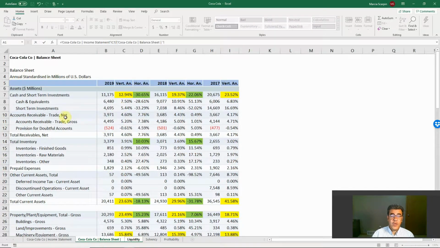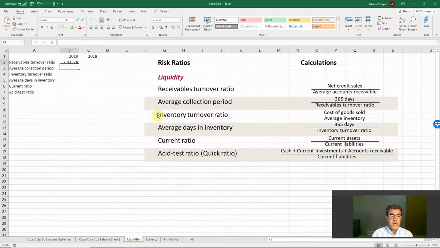We always work with the net numbers, that is accounts receivable less provision for doubtful accounts. This one, 2019 plus 2018, divided by 2. So here, 2.43. So this is our turnover.